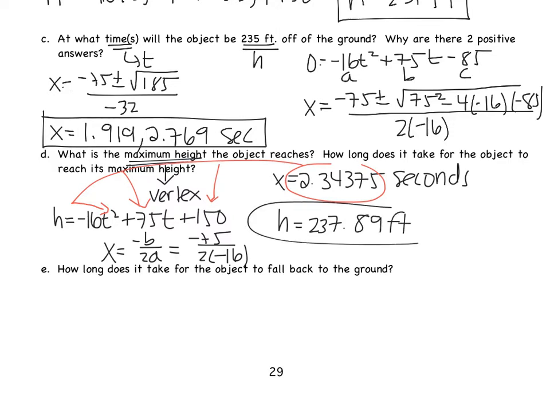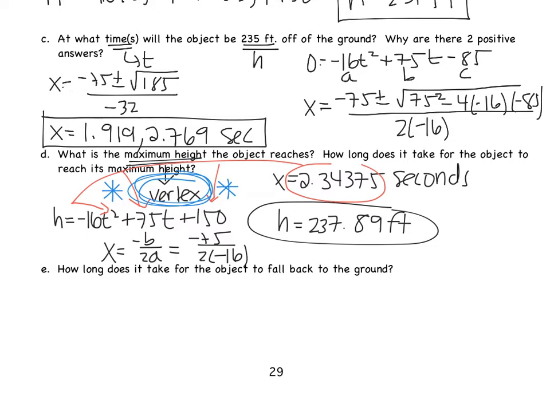I'm rounding that. So after 2.34 seconds, our object reaches a maximum height of 237.89 feet. And what I would like you to do is circle really big the fact that you're finding the vertex. So again, this goes back to something you learned at the very beginning of the chapter, that the vertex is always going to be the maximum or the minimum.